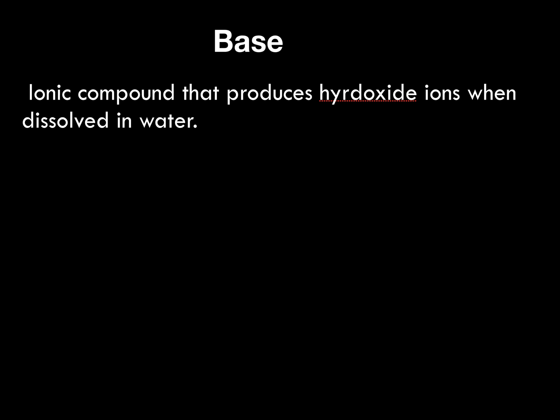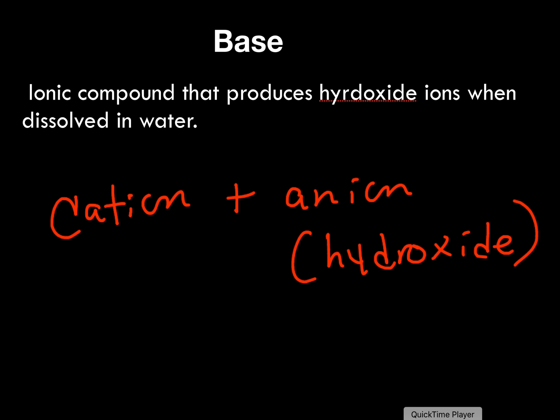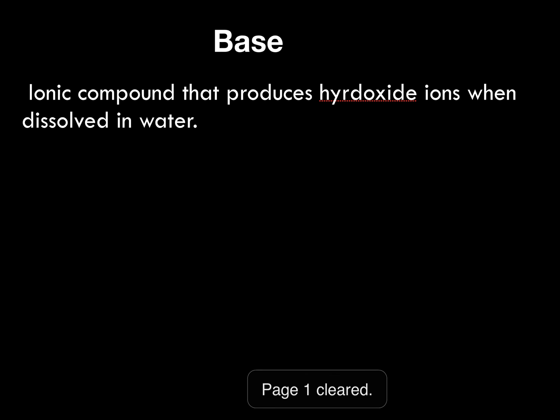Now a base. A base is an ionic compound that produces hydroxide ions when dissolved in water. So for a base, we're going to have a cation and an anion. And that anion will be hydroxide. So, a few examples of this.